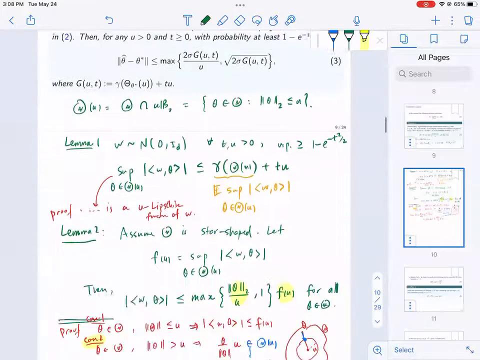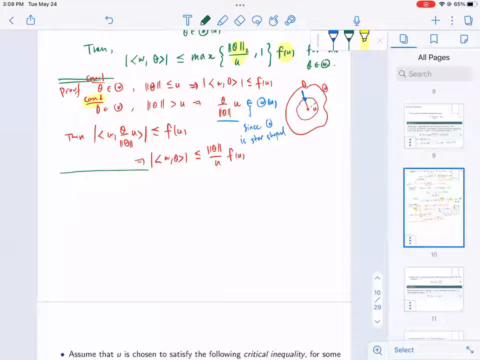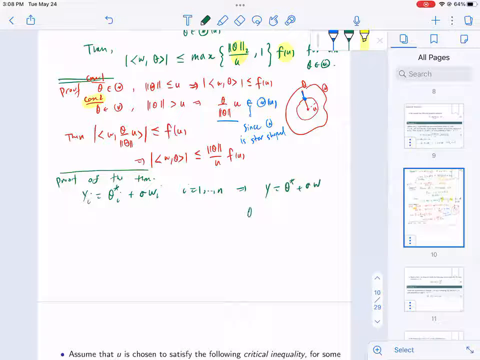Now, how do we prove the theorem? The result follows easily from this. So first, the proof of the theorem. Recall that we had y_i equal to theta star_i plus sigma w_i, i from 1 to n, or in other words, y equal to theta star plus sigma w. I had theta hat, which is the argmin over theta in capital Theta of the norm of y minus theta, squared. A general idea is to write a basic inequality.